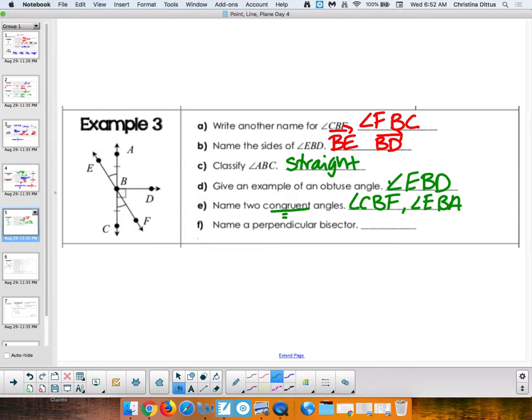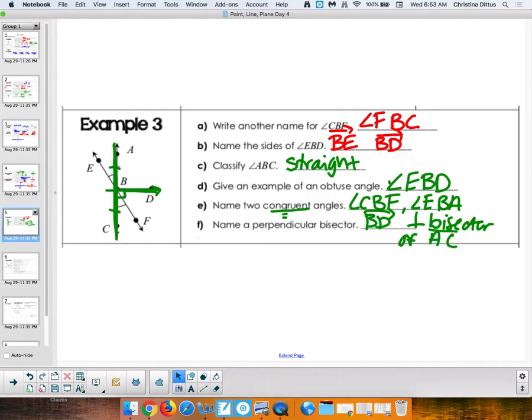And then a perpendicular bisector: the only right angle I have is right here. The only thing that tells me it bisects is here. So BD has to come crashing through here in order to bisect my line AC. So BD is a perpendicular bisector of AC. And I know that because I've got my perpendicular and my bisects marks.